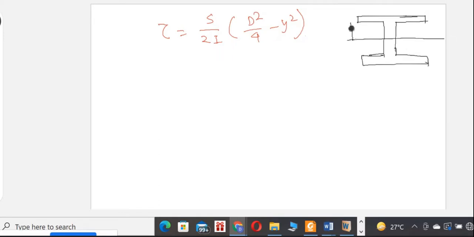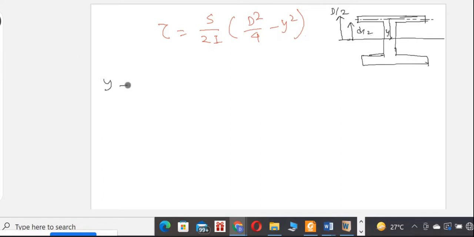So here to here is small d by 2 and here to here is capital D by 2, right? So y can have a maximum value of capital D by 2 and a minimum value of small d by 2.